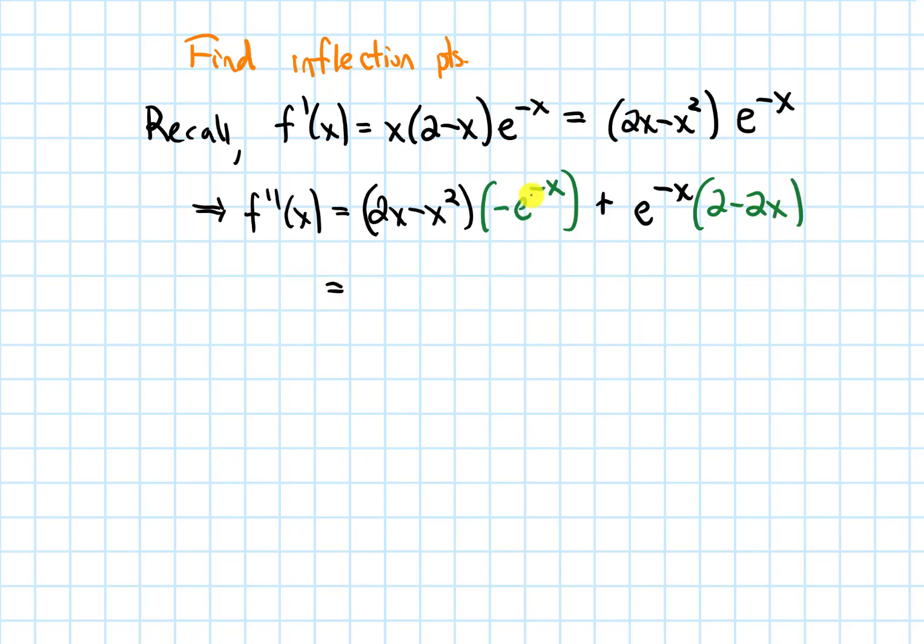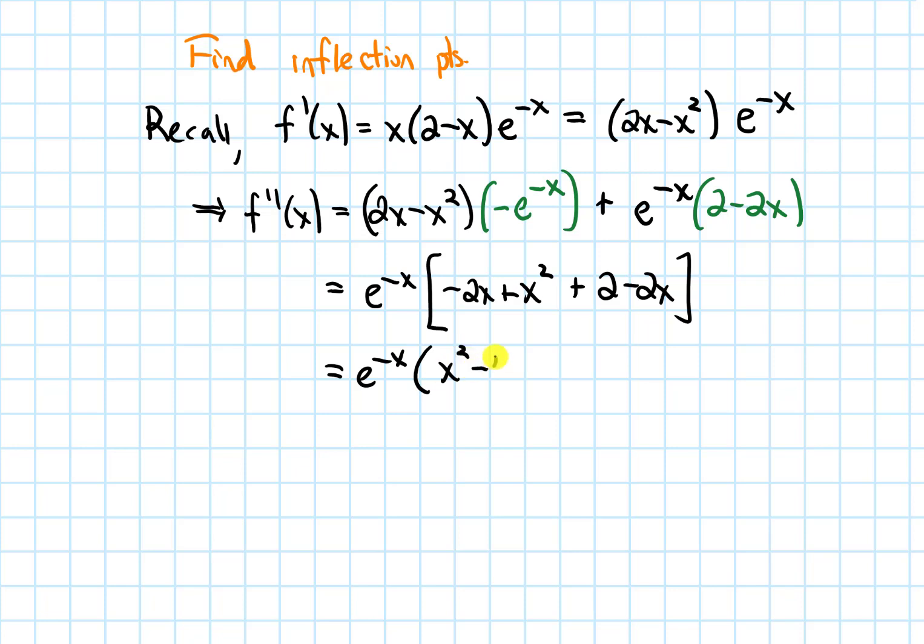I can take out an e to the negative x, that's common to both of these, and that'll leave me with a minus in front of 2x minus x squared. If I distribute that negative to both of these terms, I'll get negative 2x plus x squared. And then for the next term, I'll have plus 2 minus 2x. Okay, so we get e to the negative x times x squared minus 4x plus 2.